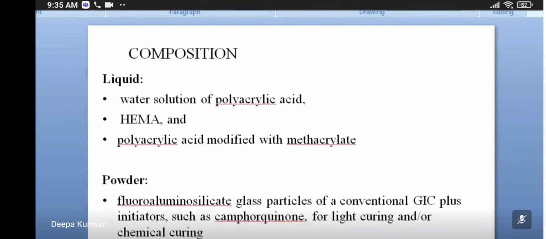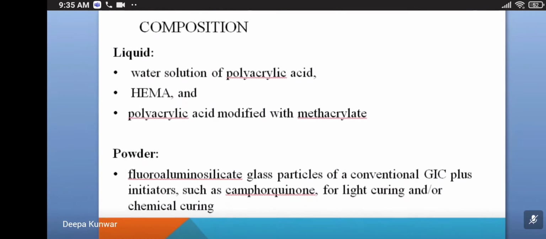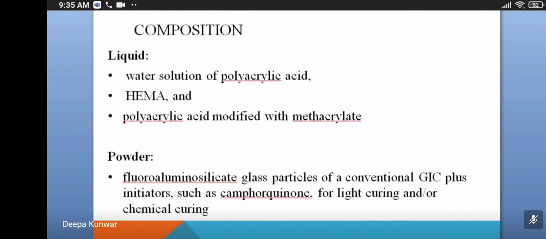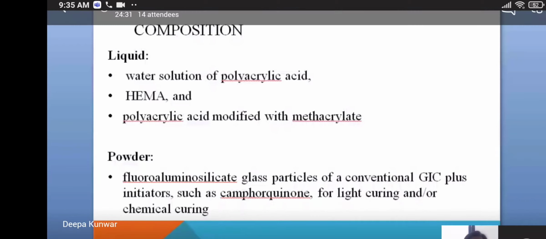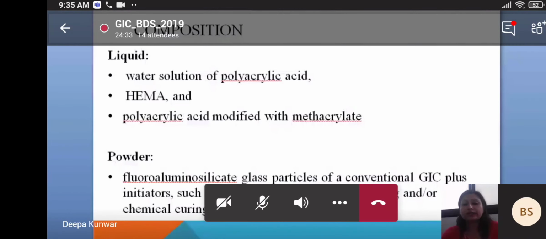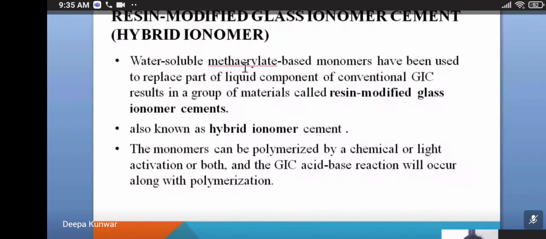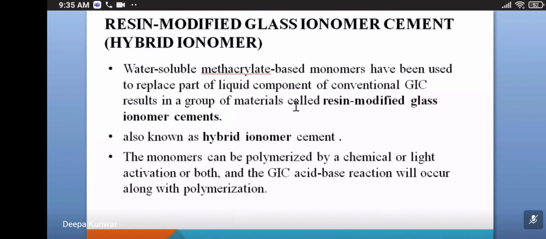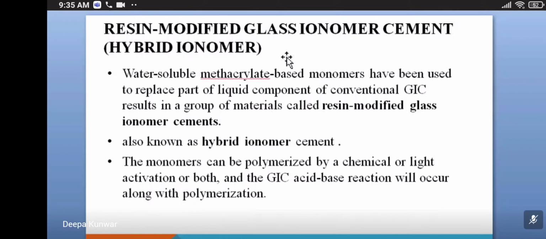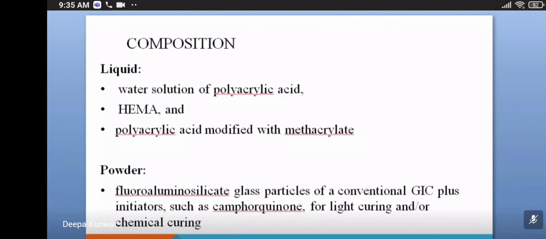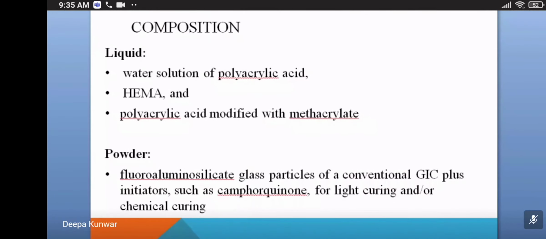Composition: a water solution of polyacrylic acid, HEMA, and polyacrylic acid modified with methacrylate. We already studied that when we use resin modified glass ionomer cement, the methacrylate based monomer is added to or replaced in the liquid component of the GIC. In powder we have fluoroaluminosilicate glass particles of conventional GIC plus an initiator such as camphorquinone for light curing or chemical curing.